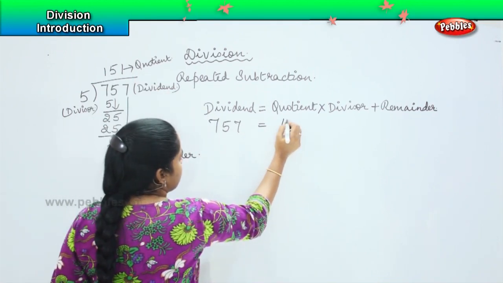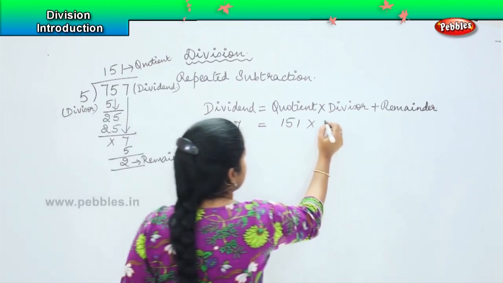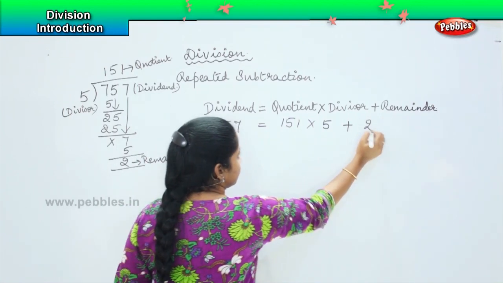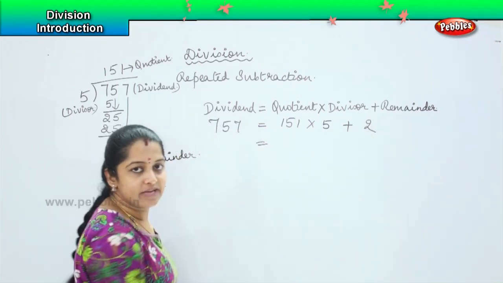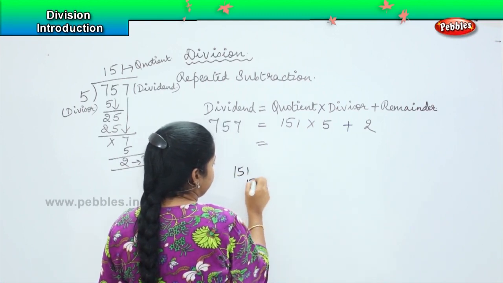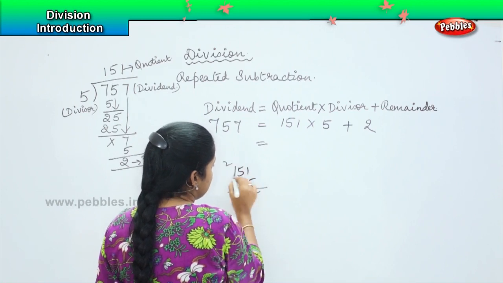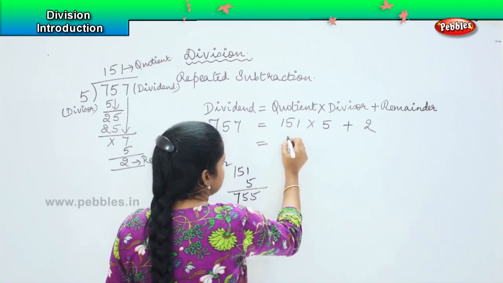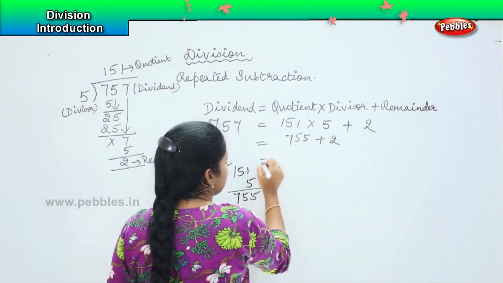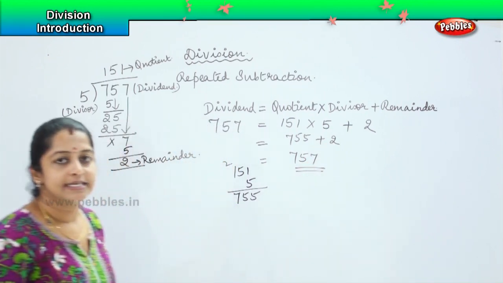Quotient is 151 into my divisor 5 plus my remainder 2. We will see whether we get 757. So 151 into 5: 1 fives are 5, 5 fives are 25, 1 fives are 5, 5 plus 2, 7. So 755 plus 2 equals 757. So our answer is correct.